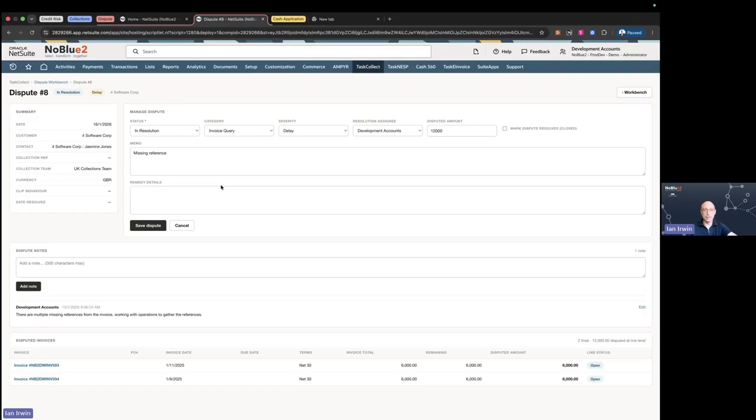I can communicate with the customer and have everything recorded in a single place. And finally, obviously at the bottom, I can see which invoices this particular dispute is relating to. So a nice addition to the selection of workbenches we bring in TaskCollect is the dispute dashboard.